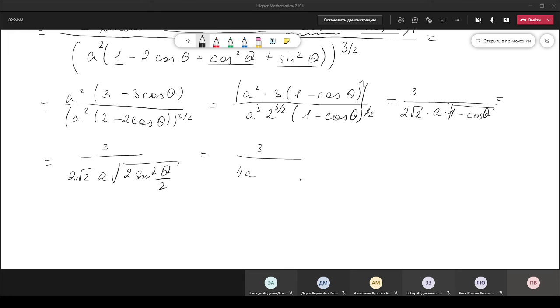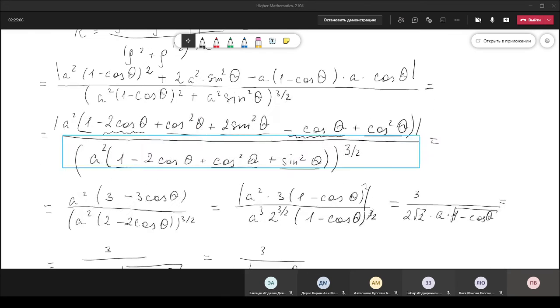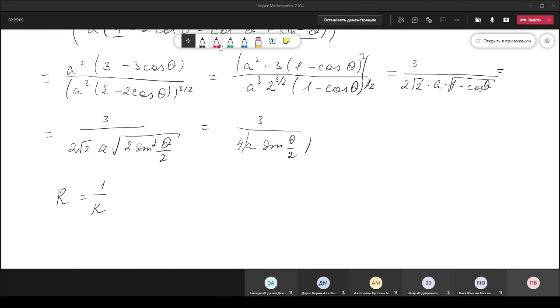And root of sine squared, it is sine without squared. Please. It means r is 1 over k. It was k, and r will be 4 over 3 a sine theta over 2.